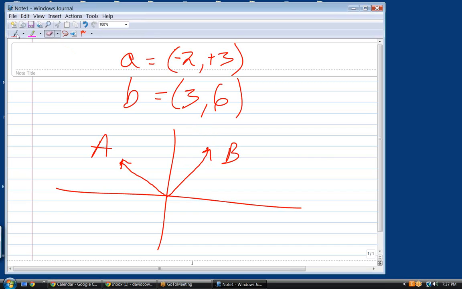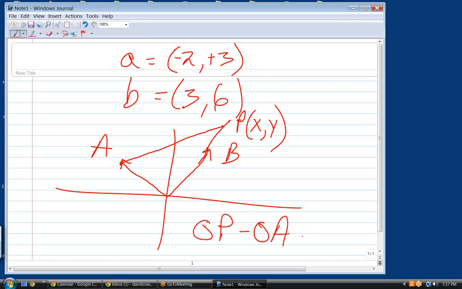If you extend this vector in this direction and you connect that with some point P, which has the coordinates x, y, then OP minus OA equals AP.